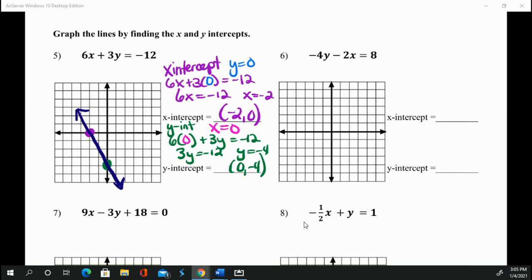Number 6 is not in standard form. We want to split the x and the y terms and make sure you keep the sign that's attached to each term when you rewrite. So first we'll find the x-intercept. Which is the point -4, 0.